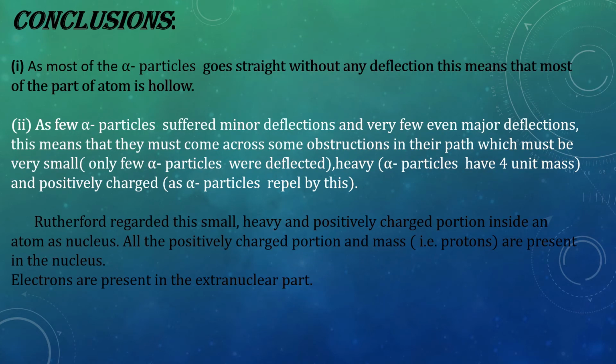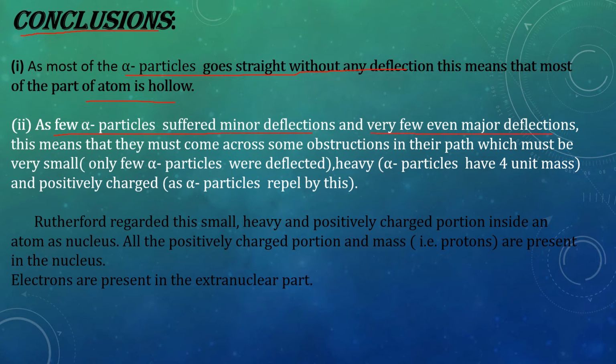So by these observations Rutherford concluded that as most of the alpha particles go straight without any deflection, most of the atom is hollow. The second observation was that few alpha particles suffered minor deflection and very few suffered major deflection.